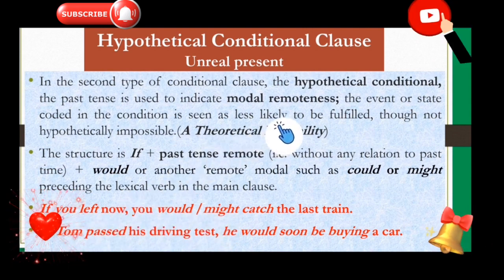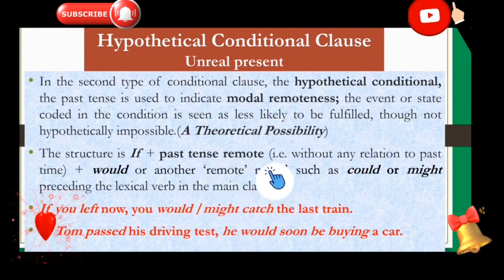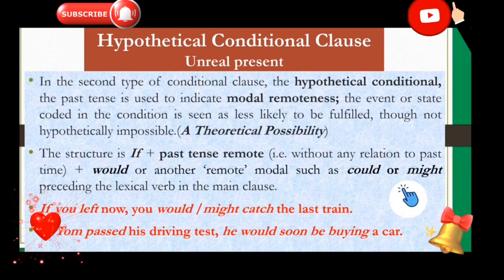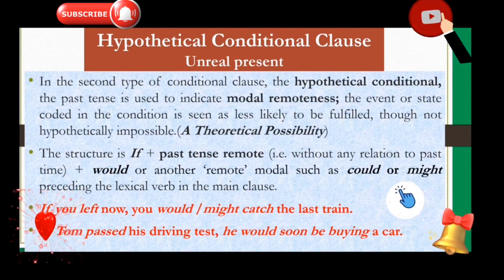So another example here we have, that is, if Tom passed his driving test, he would soon be buying a car. Did Tom pass his driving test right now? Not at all. When we say that if Tom passed his driving test, we are using past tense, but we are talking about present time, not past time.